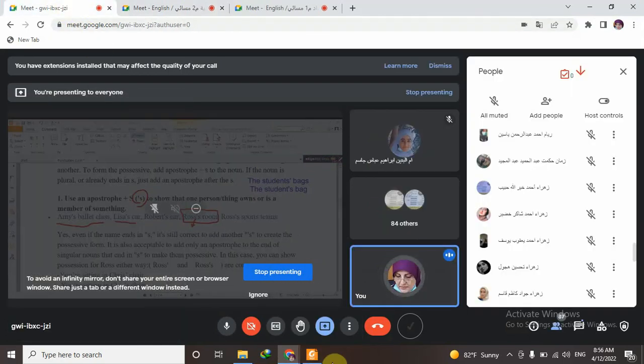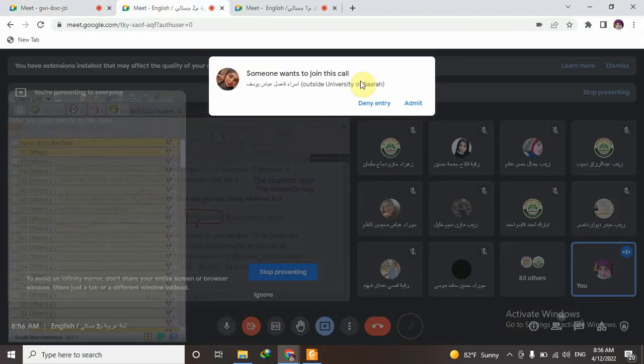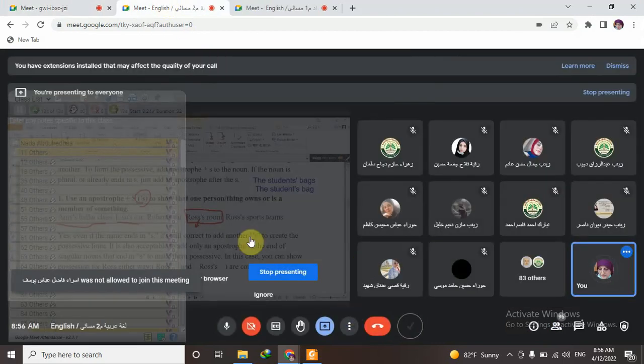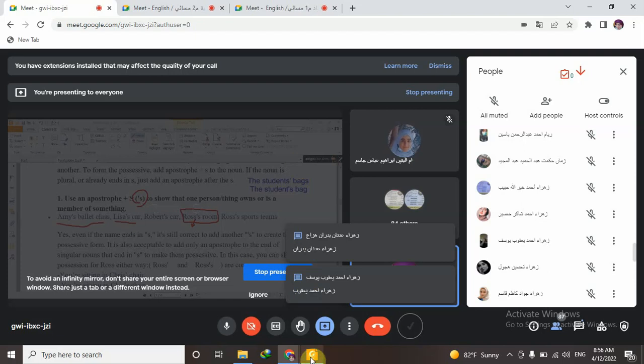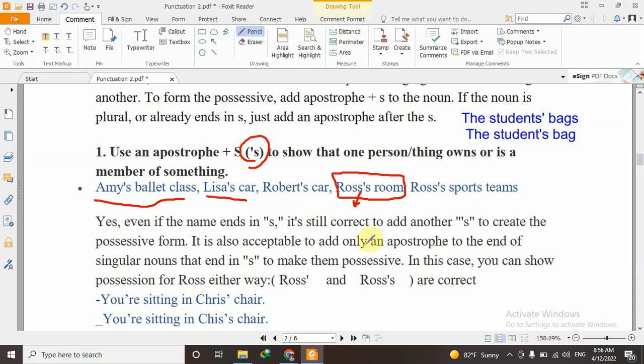The first one is putting apostrophe and s and the word room, or you are going to write it just like this: Rose' room, not Rose's room.